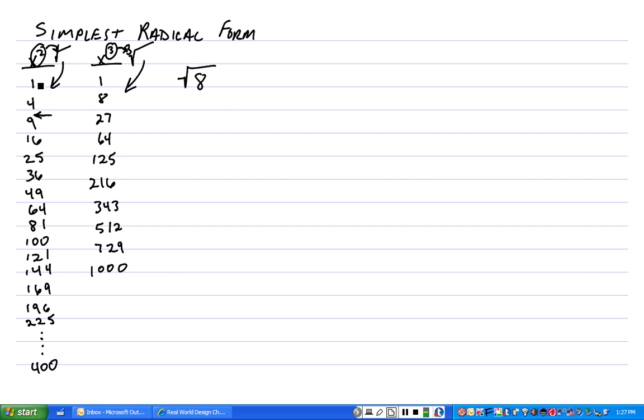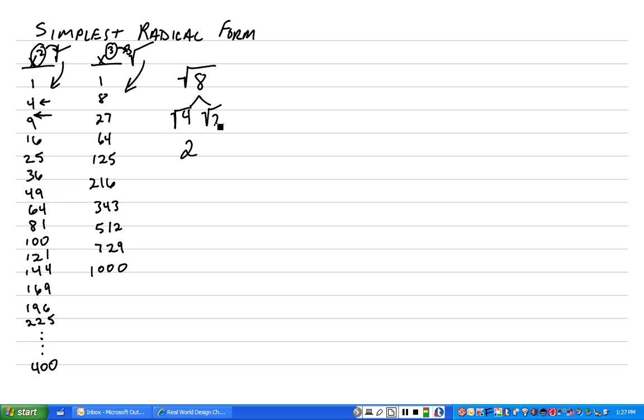Well, 1 doesn't change anything, so really we throw 1 out of the equation. So we look at 4. Is 4 a factor? Yes, it is. So the square root of 8 is like saying the square root of 4 times the square root of 2, and we know 4 is a perfect square because there it is on our list. So we take the square root of 4, which is 2, times the square root of 2.